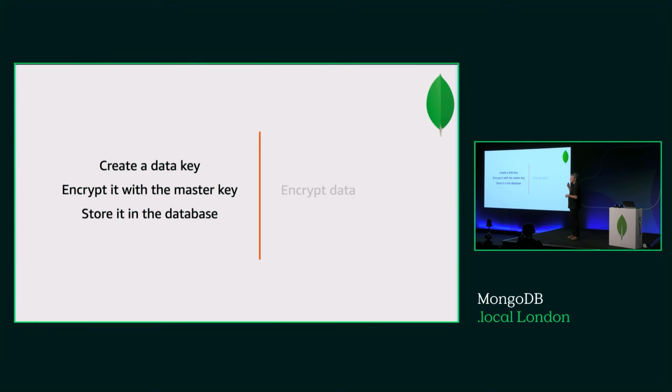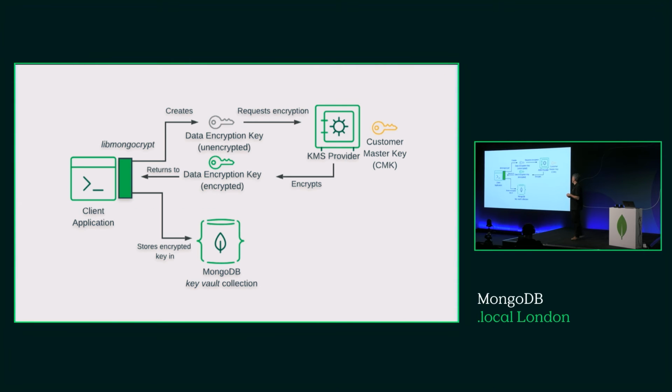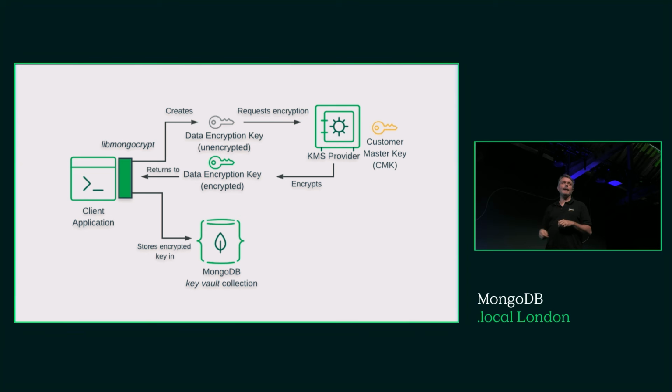So let's start with the data key management. Again, it looks complicated because there is a lot of arrows. It's not complicated. On the left side, you have your client application, the application you're currently writing. And the little green rectangle there, it's the MongoDB driver. It's actually native code plus a daemon, a common library used across all different languages that you need to install on the machine where the client application will run.